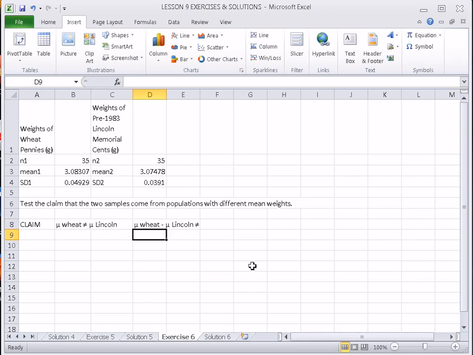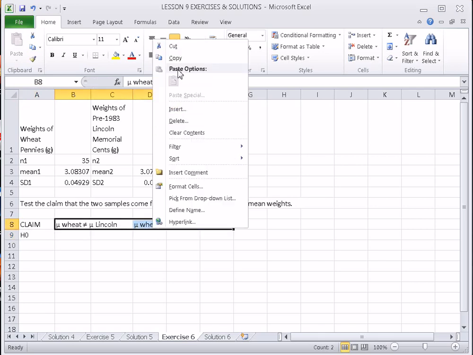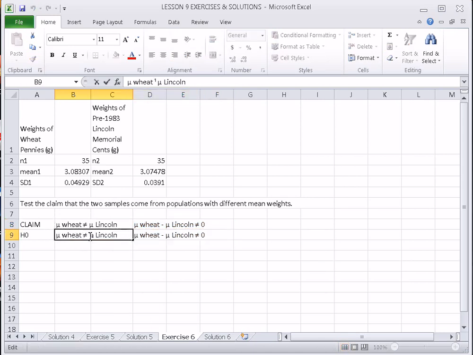So the claim of different is that their difference is not equal to 0. So the null hypothesis is going to be that they are actually equal, or the difference is equal to 0. So all we have to do is change the not equals to equals.